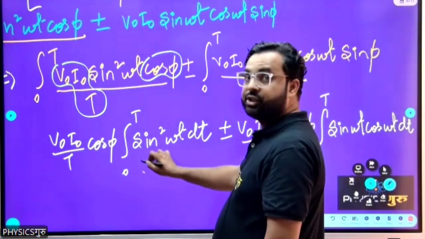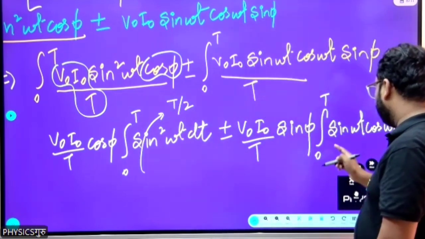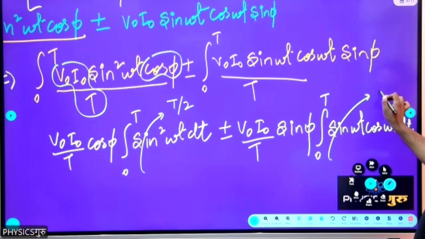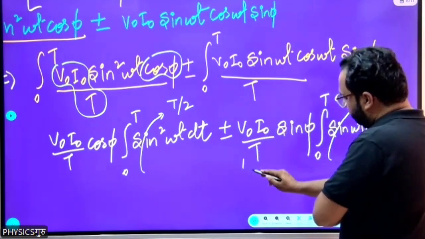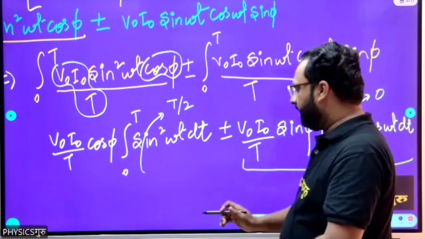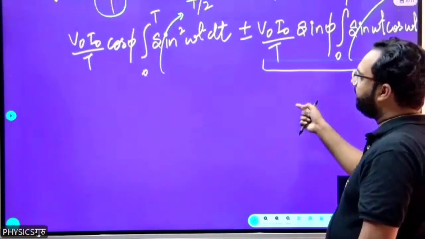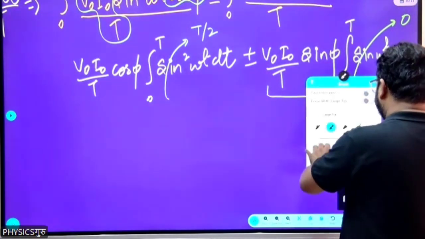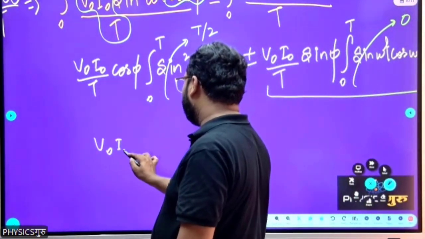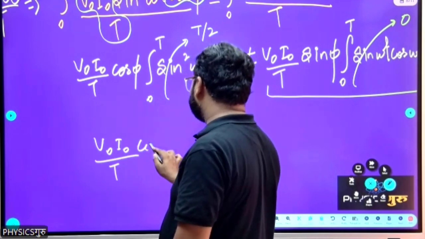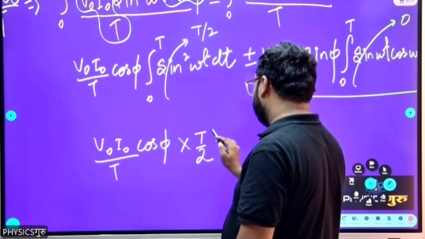The integral from 0 to T of sine square omega t dt is basically T by 2. The integral from 0 to T of sine omega t cos omega t dt is 0. So once you multiply 0 with any term, this term will be 0. Now we are left with V naught I naught by T cos phi into T by 2.